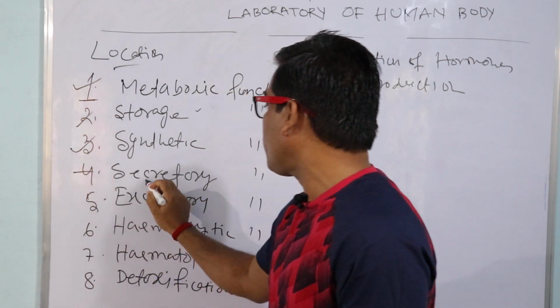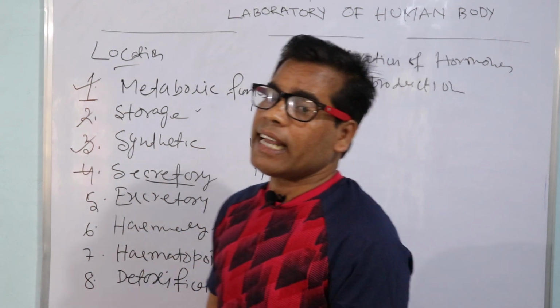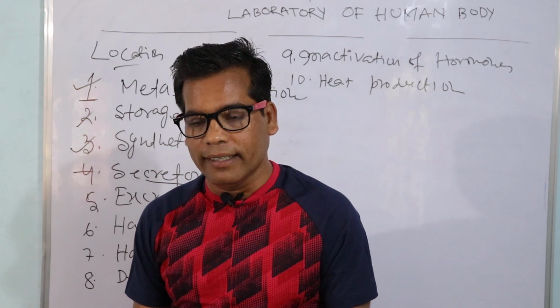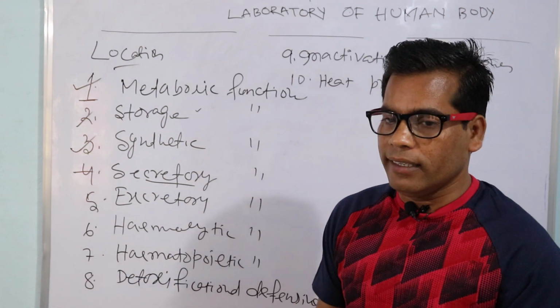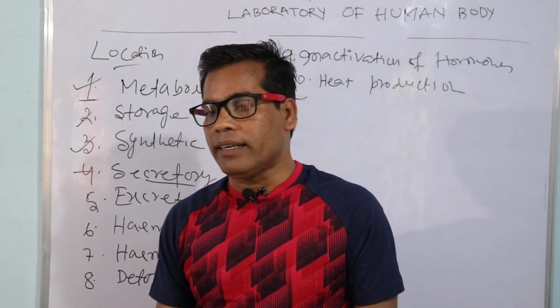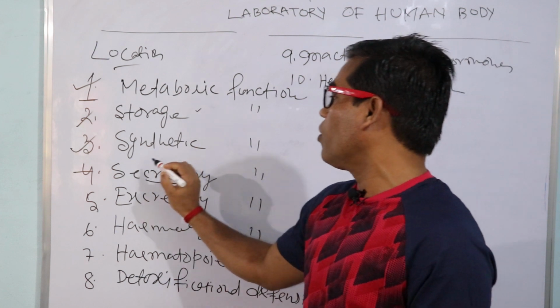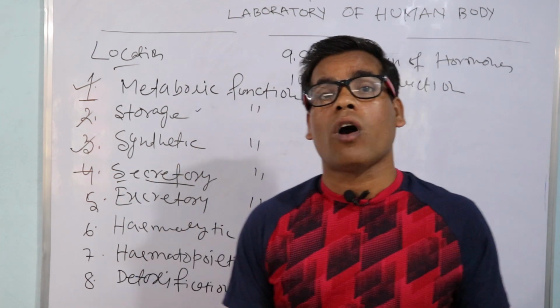Then go for secretory function. The liver secretes bile, which contains fatty acid, cholesterol, lecithin, and the bile pigments bilirubin and biliverdin. It also contains bile salts.